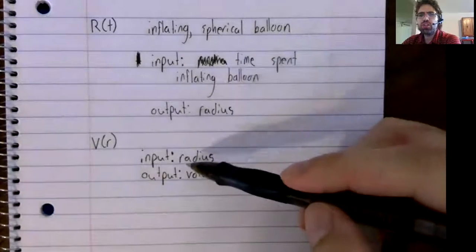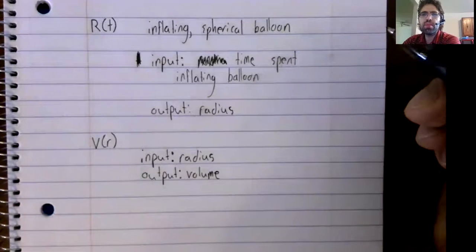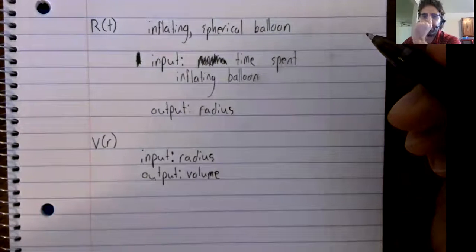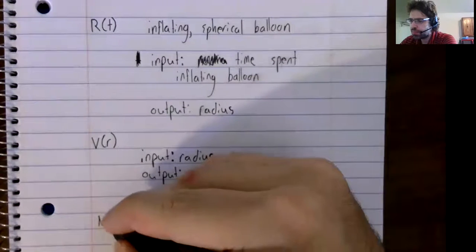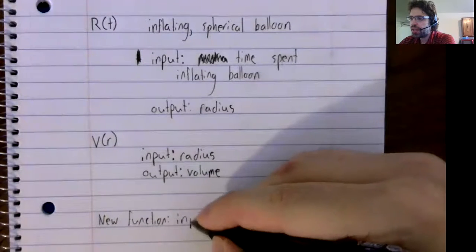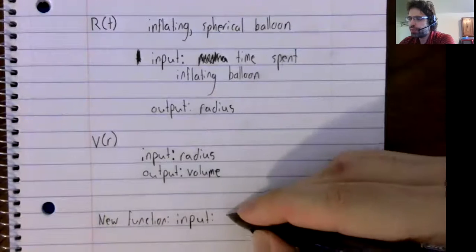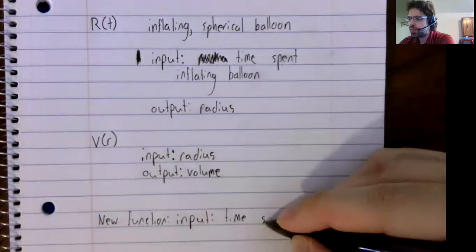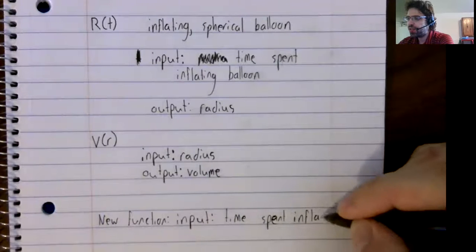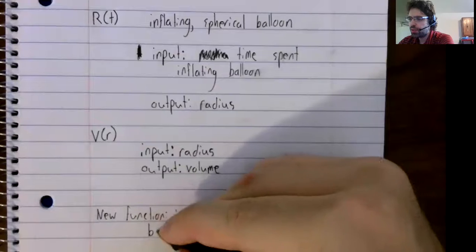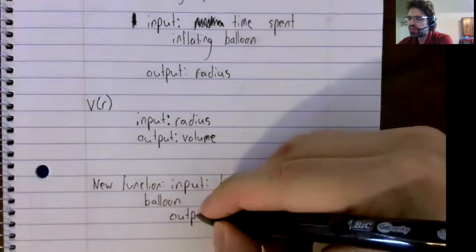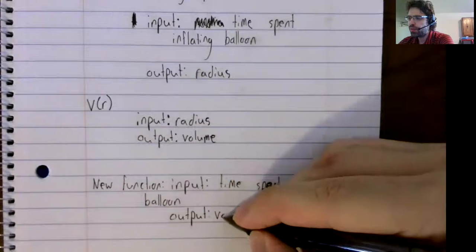With these two functions together, it should be possible to find a new function, a third function that takes as the input time spent inflating the balloon and gives as its output the volume.